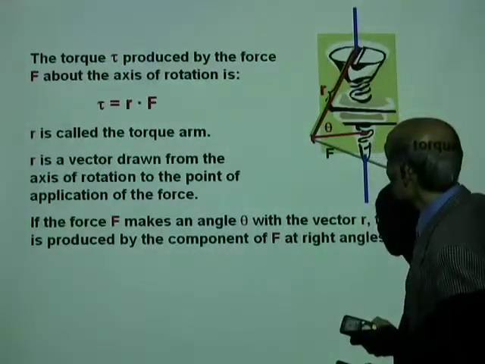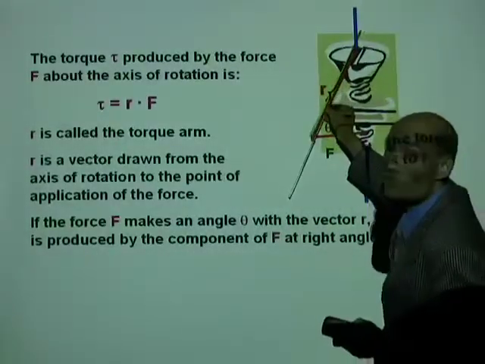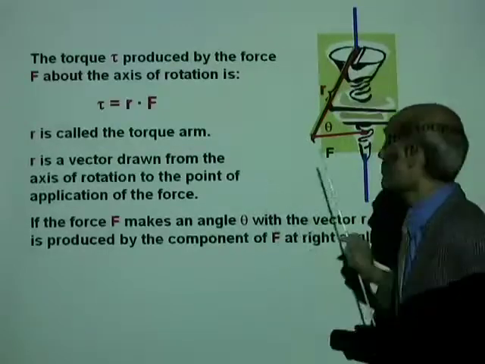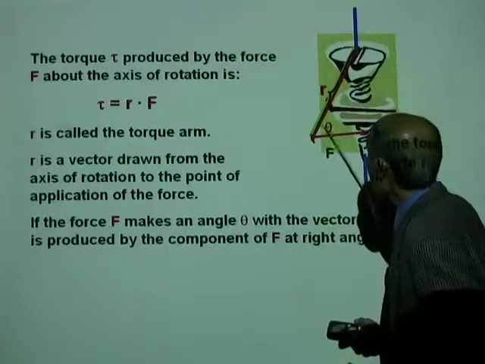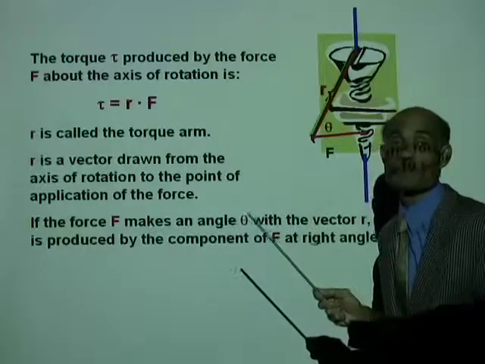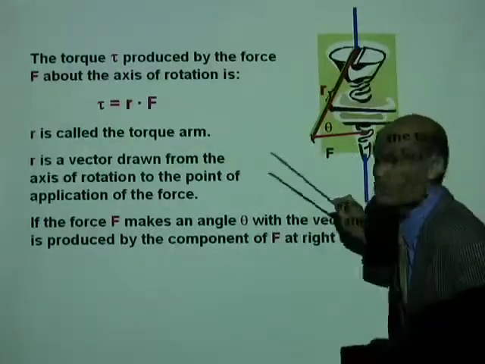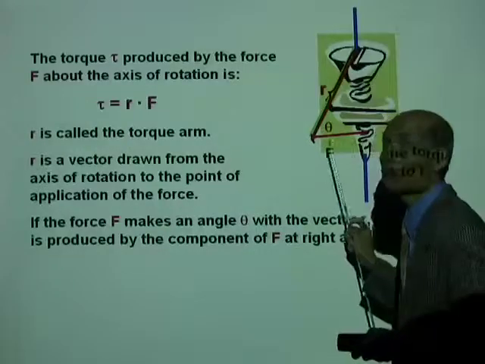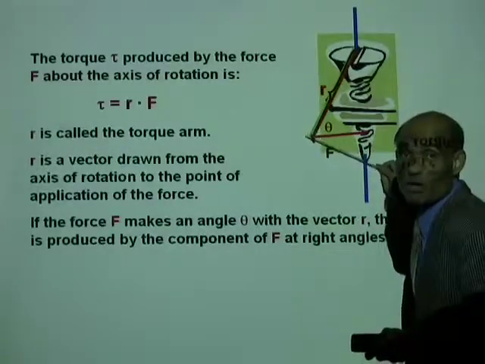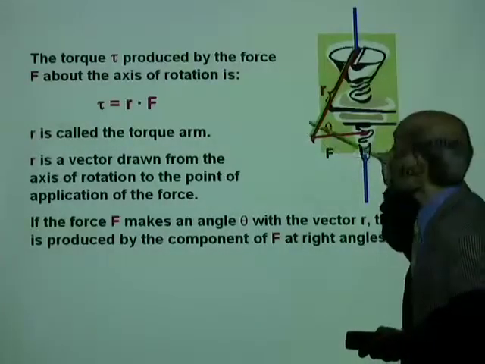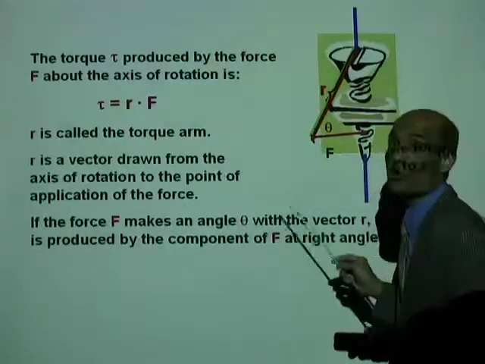The force must be at right angles to the torque arm. But if this F makes an angle theta, then the torque is produced not by the whole of this force, but the component of the force at right angles to the torque arm.